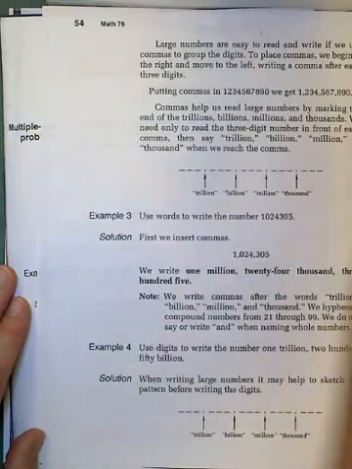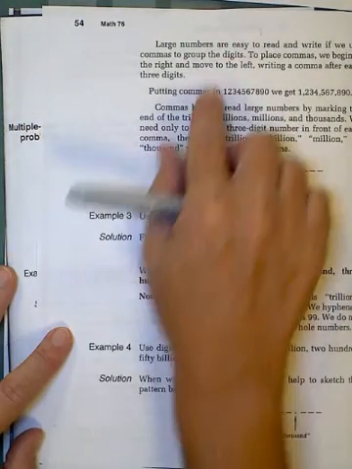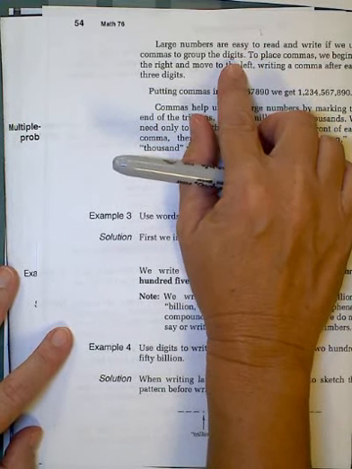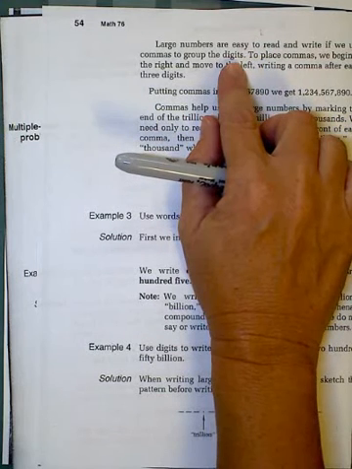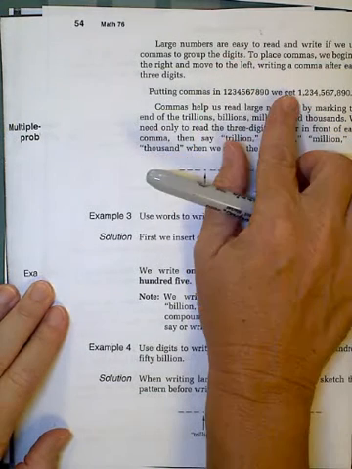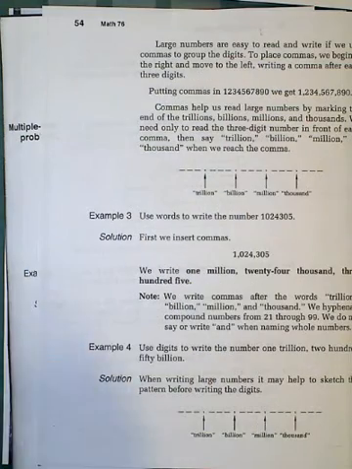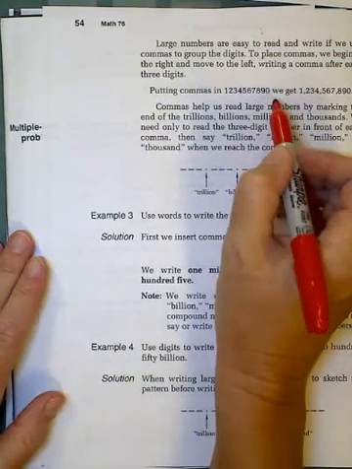And turning the page. Large numbers are much easier to read and write if we remember to group every set of 3 digits starting from the right and moving to the left with commas. Our brains are much better able to organize the information, and that's partly why we use them.